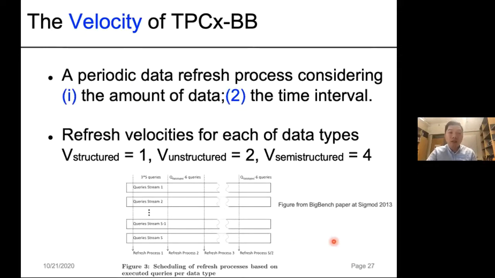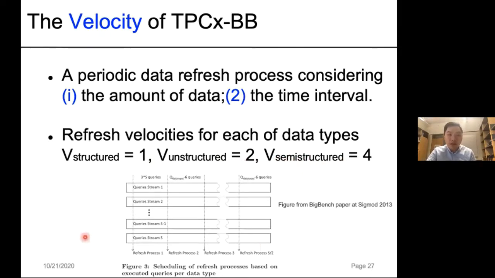Concerning velocity, TPCx-BB simulates a periodic data refresh process considering the amount of data and the time interval. The number of refresh processes executed is a linear function of the number of query streams S. It defines different data refresh velocities for structured, unstructured, and semi-structured data, particularly 1 for structured data, 2 for unstructured data, and 4 for semi-structured data.